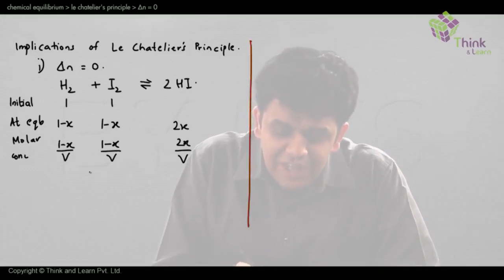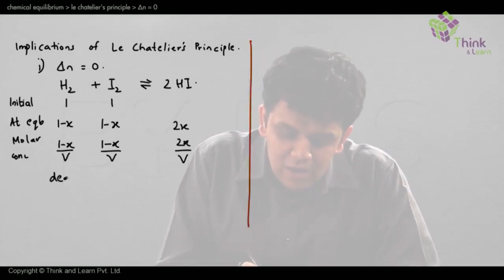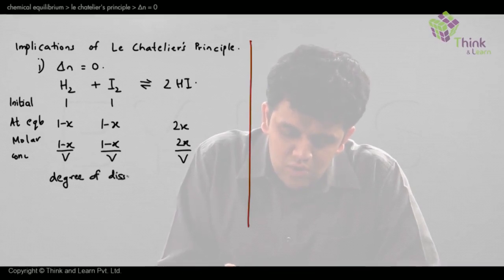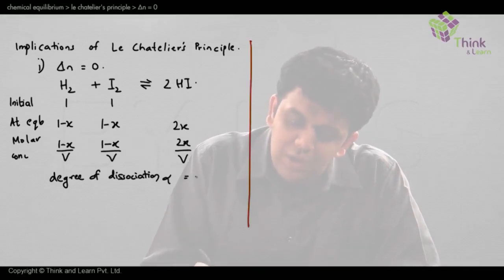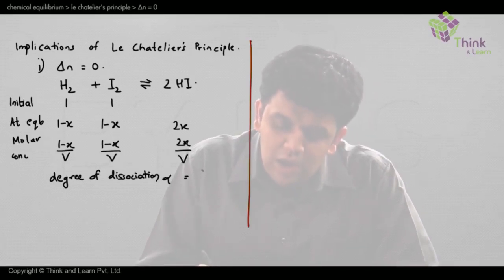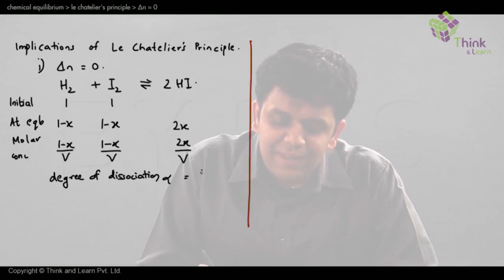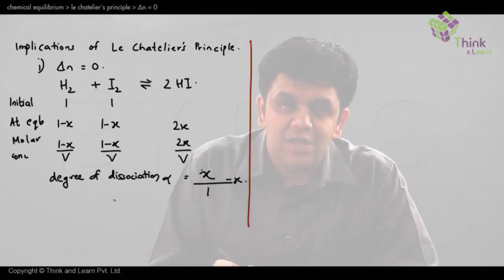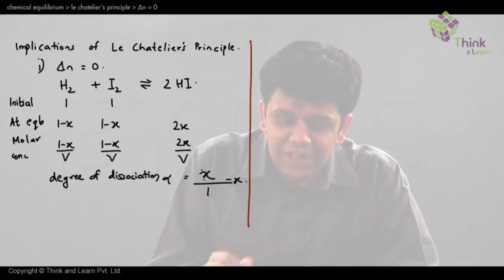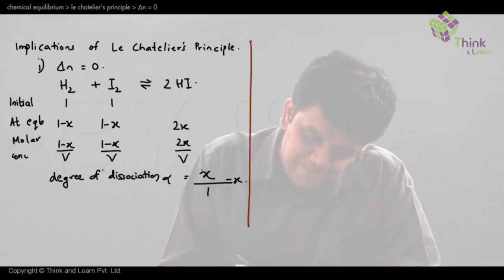Degree of dissociation is basically the amount of substance that has been dissociated divided by the original substance. So in this case, degree of dissociation alpha is equal to the amount dissociated, x, divided by the original substance, 1, which is equal to x. So x is equal to alpha. I would be using alpha in these equations going ahead.